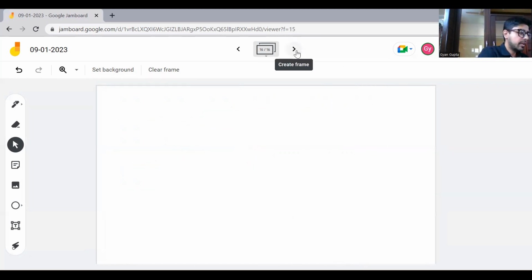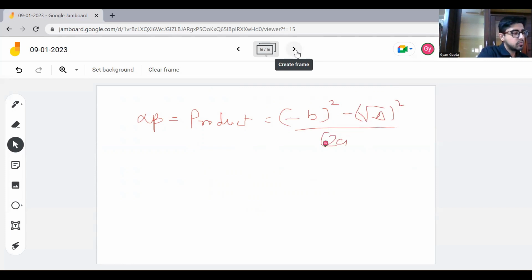Same way, alpha beta is the product, which is equal to minus b the whole square minus root delta the whole square by 2a the whole square, which will give me b square minus b square minus 4ac by 2a, which will give me c by a.